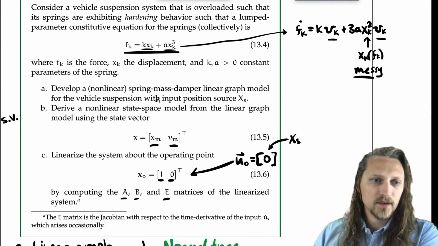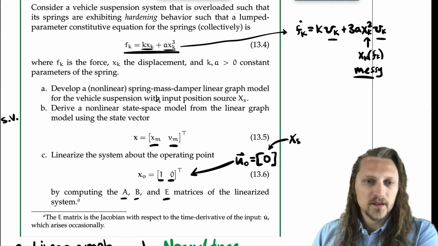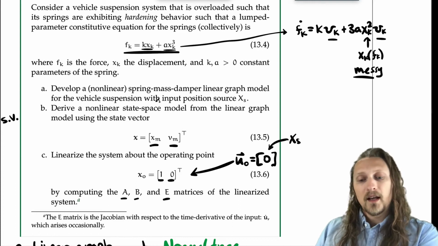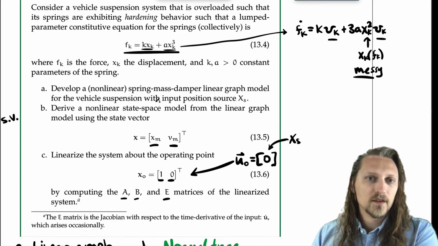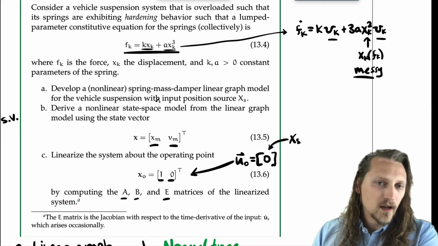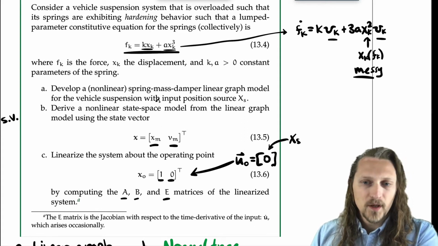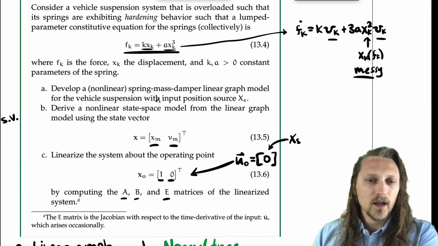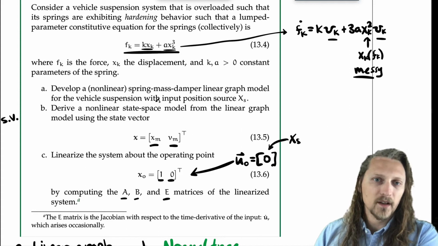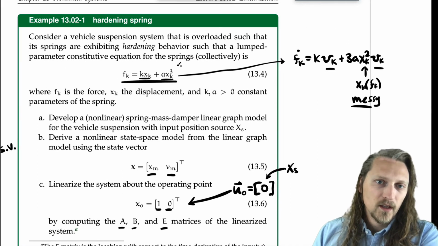So we're going to learn some phase space analysis techniques, and then we're also going to learn how to use some numerical solution techniques to learn a lot about a nonlinear system from its state space model. So I don't necessarily discourage you from linearizing the individual components and going from there.